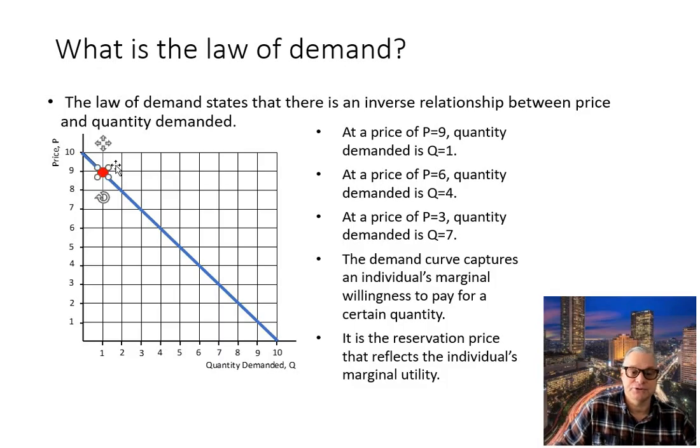That's the reservation price. Of course, that individual would be happy not to pay 9 for the first unit, but the lower the price, the better. But 9 is the reservation price. For a third unit, the reservation price would be 7.